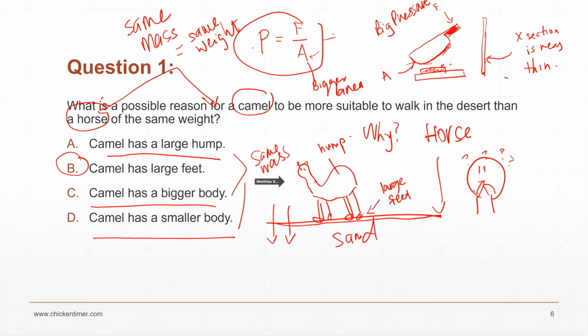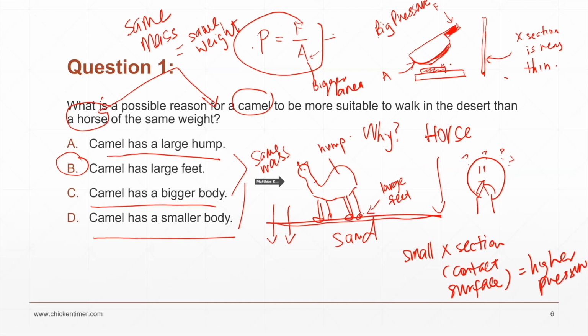The only thing that is important is the contact area, which is also the cross-sectional area. So that's the issue.